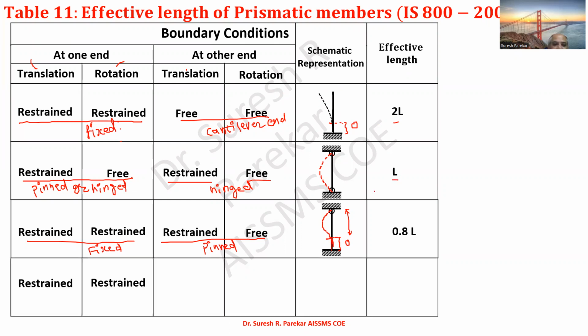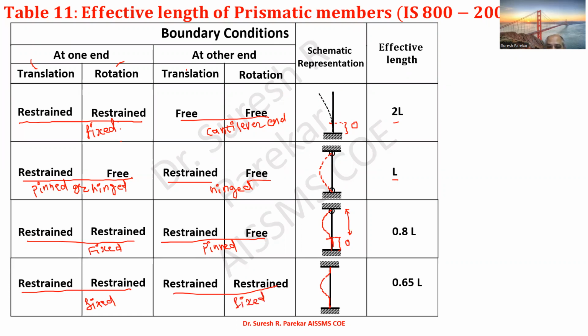And then we have the last condition. We have both ends fixed. So for restraint, we have fixed, and for restraint, we have this also fixed. And definitely our length should be less because we have this region where we have 0 slope. We have here also a region of 0 slope, and we have this value 0.65L.